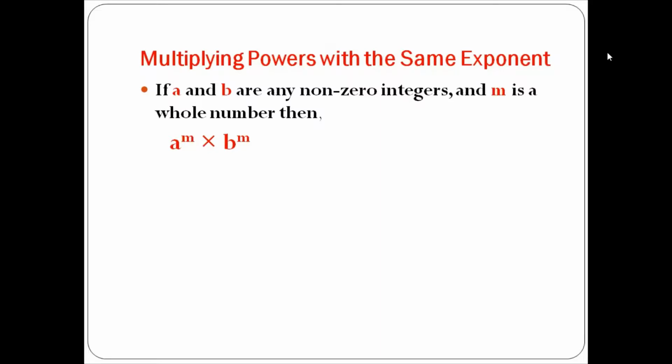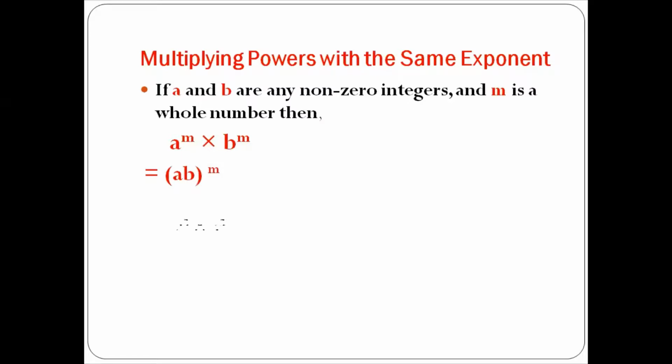In the first term a raised to the power of m and in the second term b raised to the power of m. So a and b are both bases and are different, while the exponent is m, which is the same in both the terms. So in this situation we will simply multiply the bases and write the common exponent, that is ab raised to the power of m.